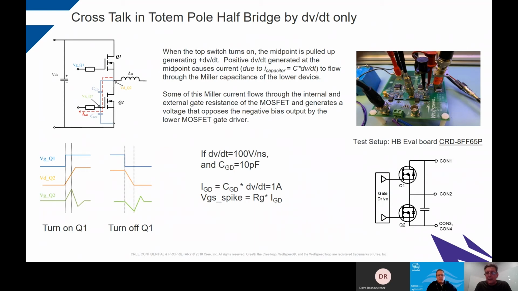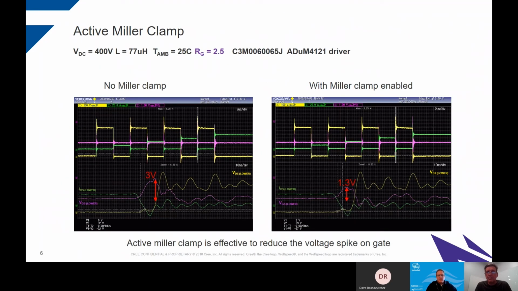But in reality, another way of doing it is really Miller clamping. Let's use the gate drive technology. You can get gate drives now on the market for silicon carbide that have what they call Miller clamps. This particular example here shows you one we've used with our friends at Analog Devices. The left-hand plot shows shoot through occurring. It shows basically a low side gate spike of up to 3 volts.